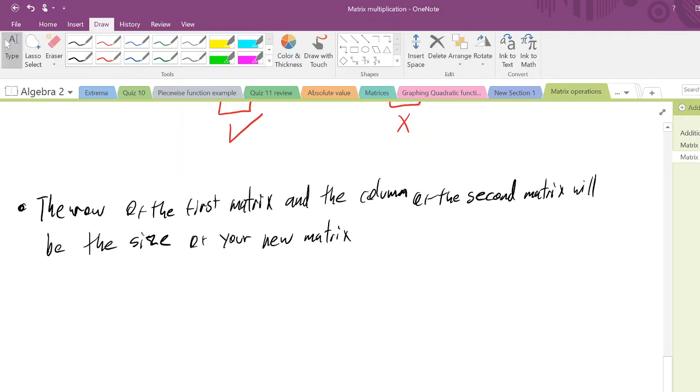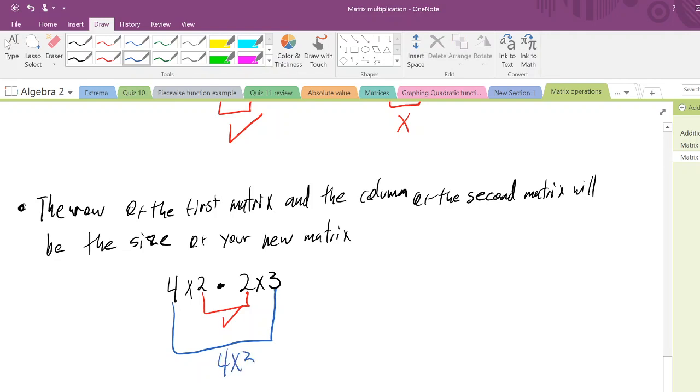So in other words, if I go back to it, if I have a 4 by 2 matrix times a 2 by 3 matrix, we know that these match, so I know I can do this. My answer, once I multiply this, is going to be a 4 by 3 matrix.